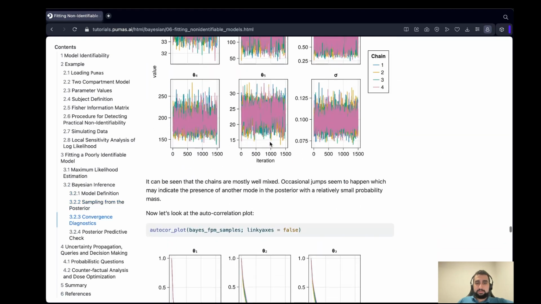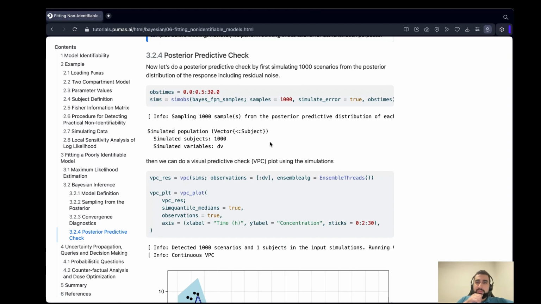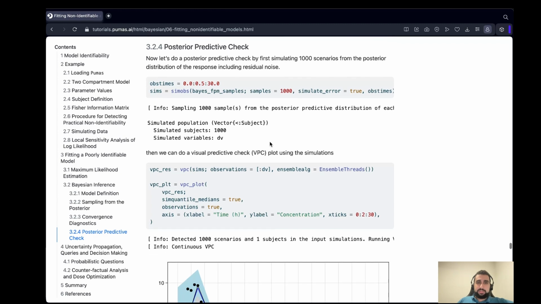So now what? We have the samples from the posterior. What is so special about that? What can we actually do with those samples? The answer is, well, quite a few things. But first, let's walk through how to sample from the posterior. One thing you can do is pick a sample from the posterior and use it to simulate.